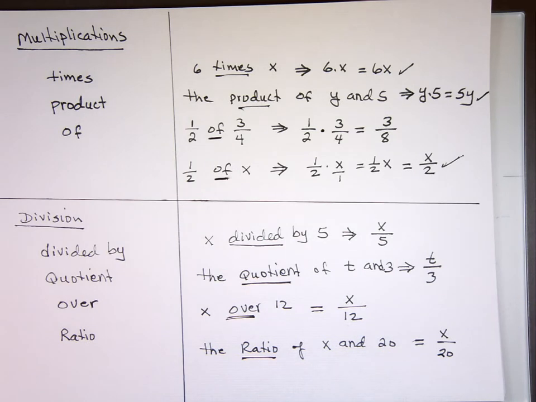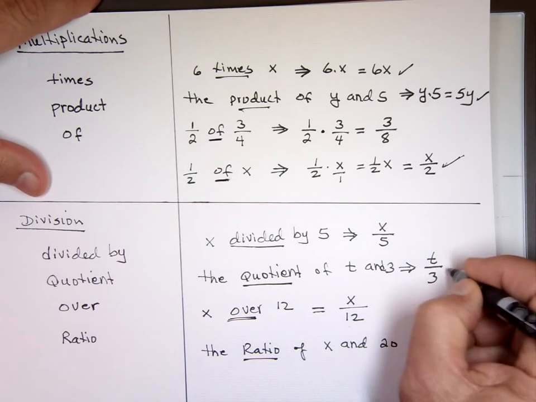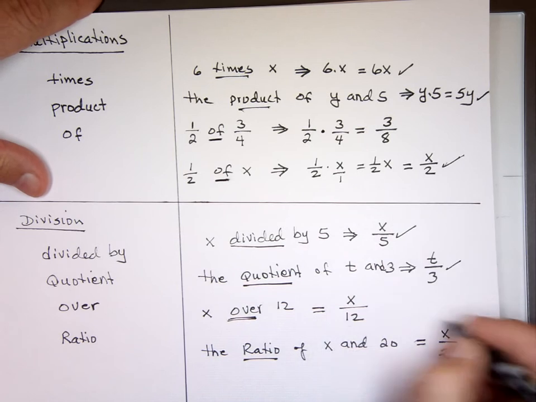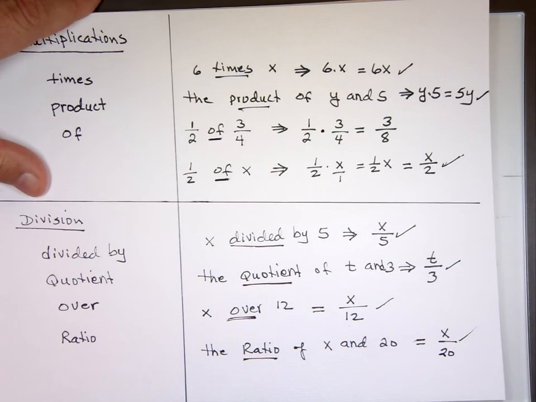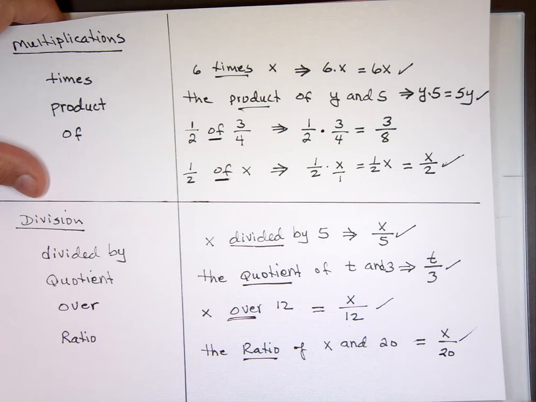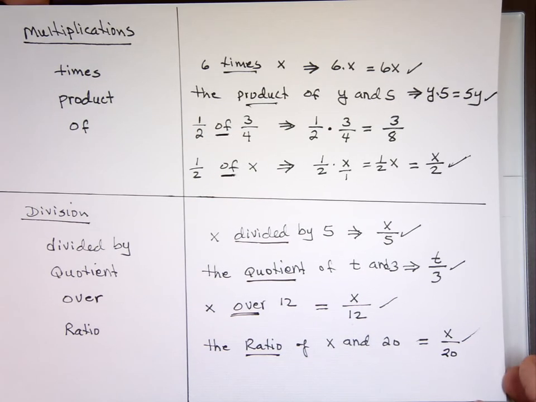So these are algebraic expressions. Each has a variable, a constant, and an operation in it. Every one of them has a variable, a constant, and an operation.